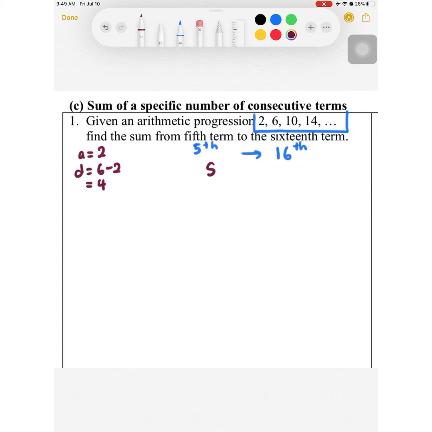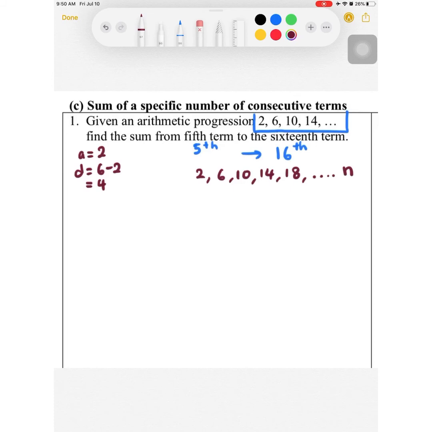Now, to find the sum from the fifth term to the 16th term, the thing is that, if you have a sequence, let's say it's 2, 6, 10, 14, 18, and the last one, let's say it's n.